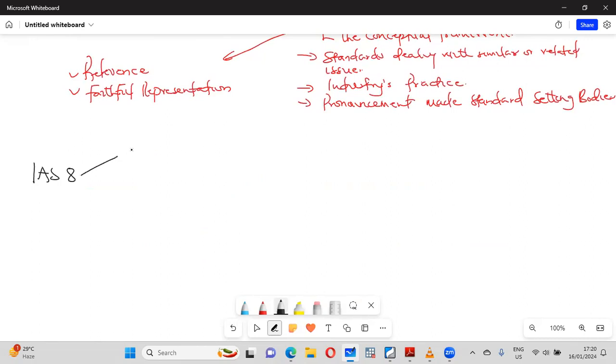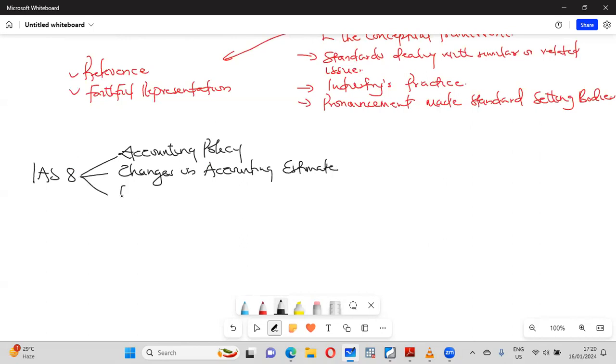Even though the concept is about accounting policy, then changes in accounting estimates, then how we deal with errors, there is one thing in there, not actually said in the title, but it's part of it. And that is the most dangerous one. We call it changing policy, changes in accounting policy.